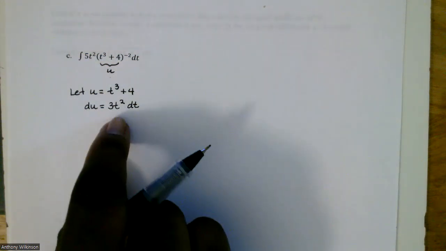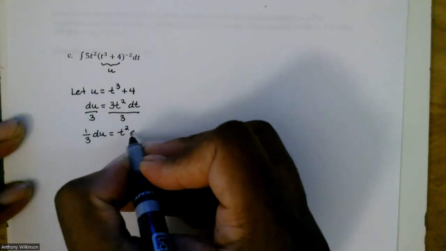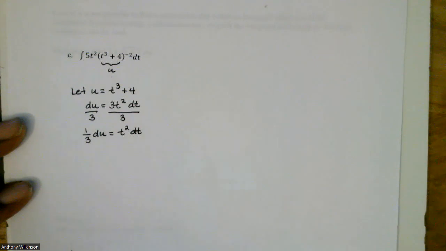Now notice here I have a t squared and a dt, but I don't have a 3. So let's write this in terms of just t squared dt. It's being multiplied by 3, so I'll divide both sides by 3. So I'm going to have 1/3 du is equal to t squared dt. All right, so now, when I do the u substitution, notice that 5 is a constant. I can pull the 5 on the outside.